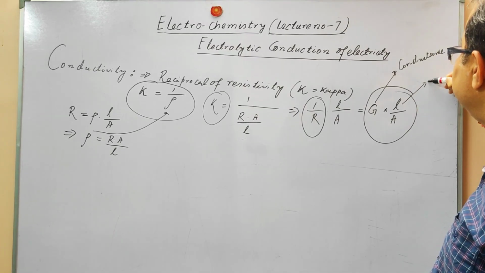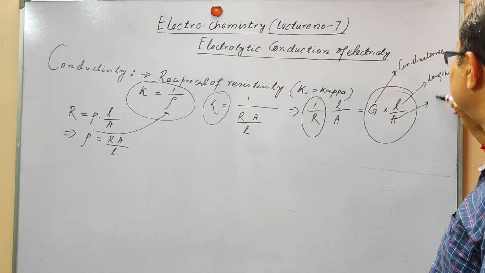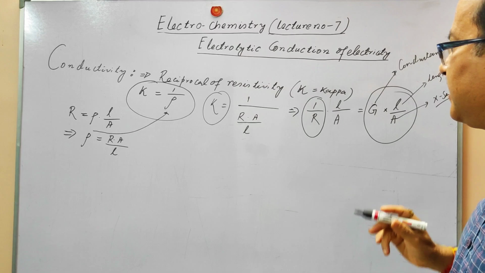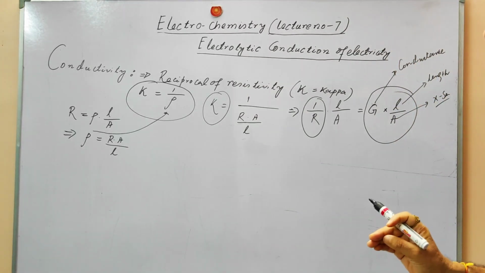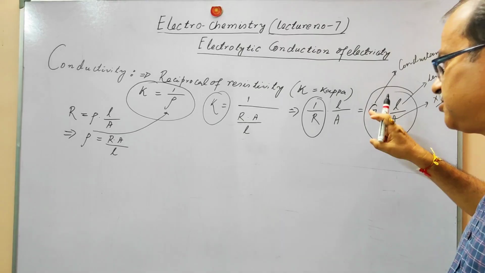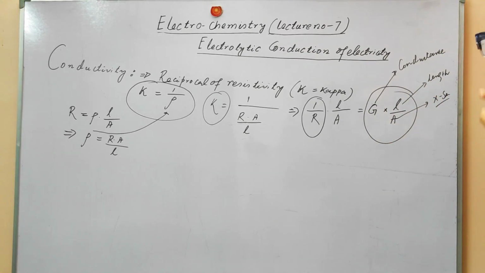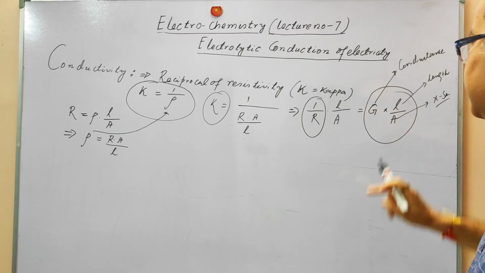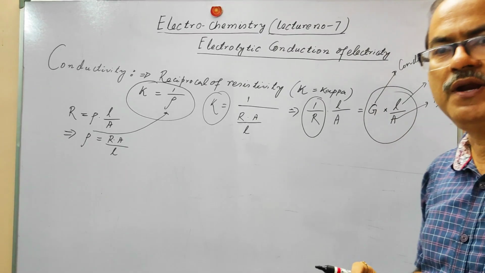And L is the length of the conductor, and A is the cross section of the conductor. So how is kappa related to the conductance? G is conductance, L is the length of the conductor, and A is the cross section of the conductor. So how to define the conductivity?